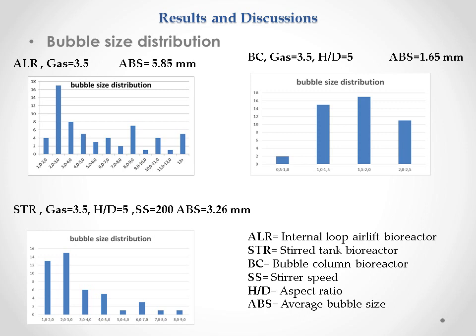In both first bar charts, the dominant bubble size range is between 2 to 3 millimeters. Meanwhile, in the bubble column bioreactor, the dominant bubble size range is 1.5 to 2. This difference can be explained by the fact that in the first two reactors, the disperser used is a single-hole tube type disperser.